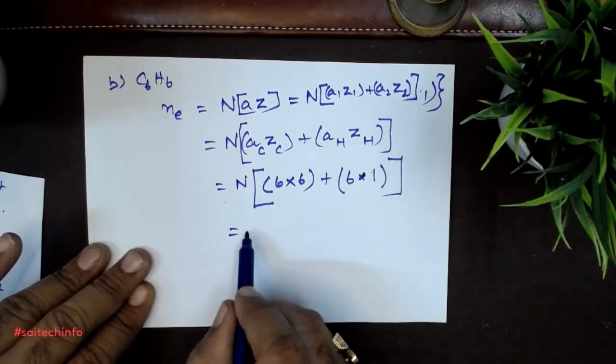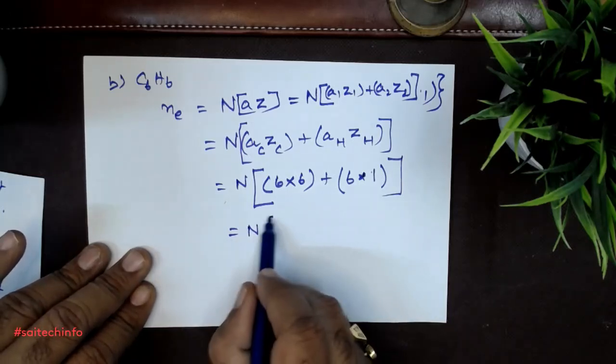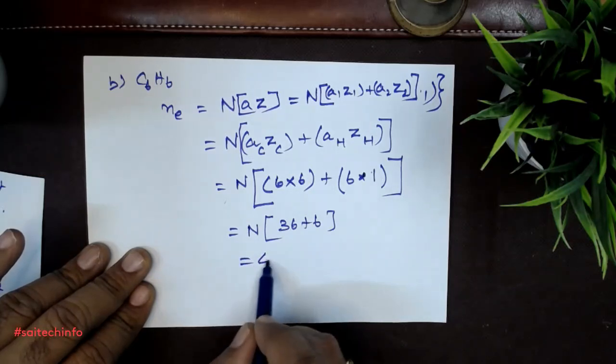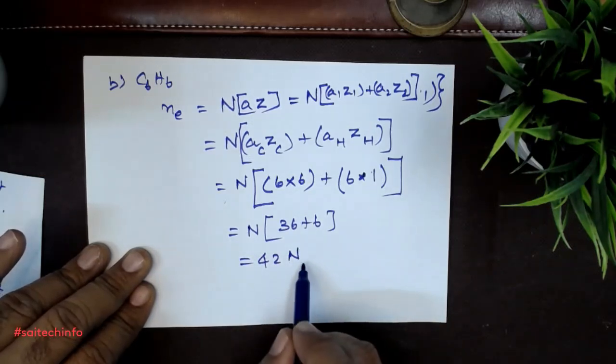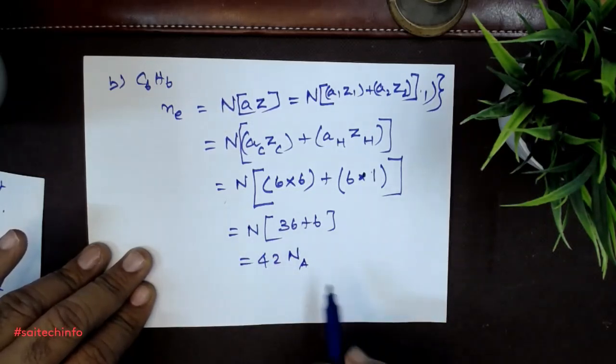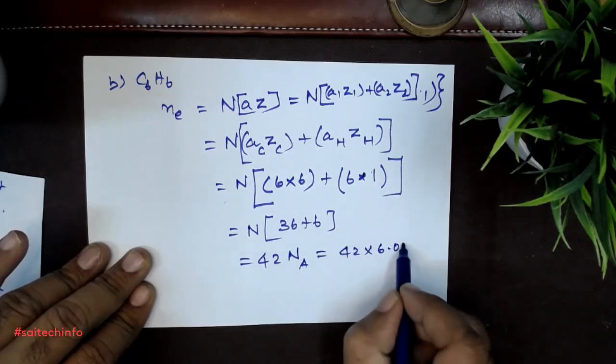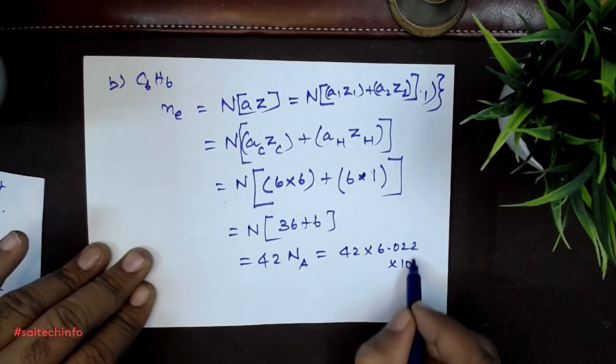So therefore N into 36 plus 6, that is 42 N, Avogadro's number. So that is equal to 42 into 6.022 into 10 power 23.